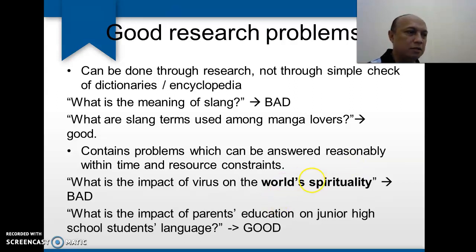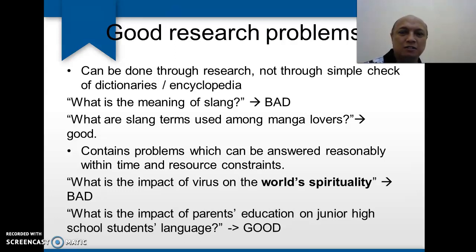Second one is, it contains problems which can be answered reasonably within your time and resource constraints. So for example, this one is a bad research problem. What is the impact of virus on the world's spirituality? Look at the word spirituality here. How are you going to measure that? Are you going to go all over the world and find out the spirituality of all of the people there? How are you going to measure the spirituality?